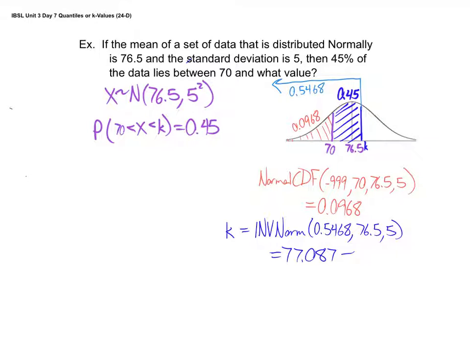If we go with 3 sig figs, we'll have 77.1. And that's a reasonable answer. We know it's going to be above the mean, not too far above the mean. That's our answer.